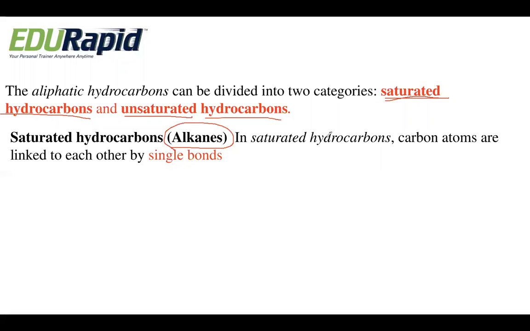In saturated hydrocarbons, carbon atoms are linked to each other by single bonds, right? Aliphatic hydrocarbons are in the form of chains. In alkanes, each of the carbons is linked by single bonds. That is very important.